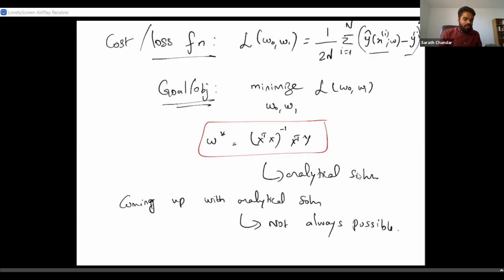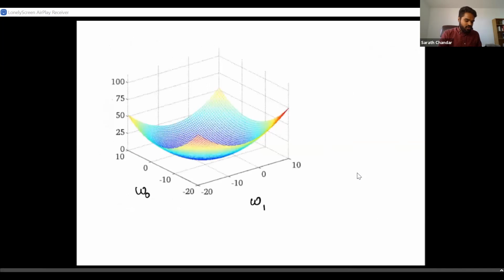To understand gradient descent, the first thing that we are going to do is to look at the loss surface for our loss function. So in this case, this is a 3D plot where you have W0 and W1 in two axes. The third axis is basically your loss function. Now for every possible value of W0 and W1, I'm going to compute the loss in the training data.